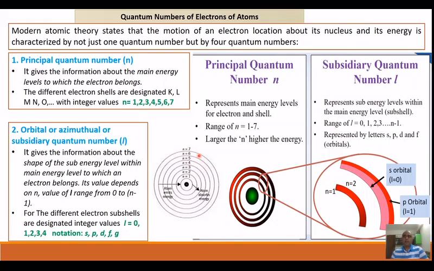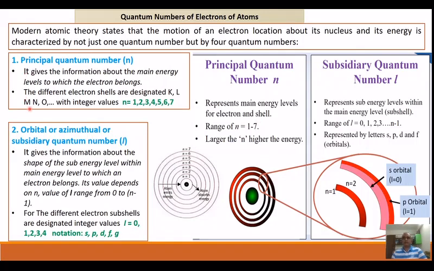These are the principal quantum numbers, and they represent the energy levels for the electrons in each shell of the atoms. The shells range from 1 to 7, and the larger the n, the higher the energy required.